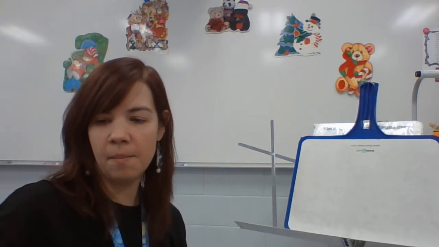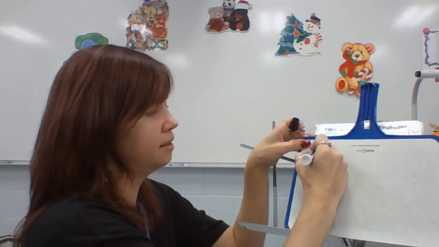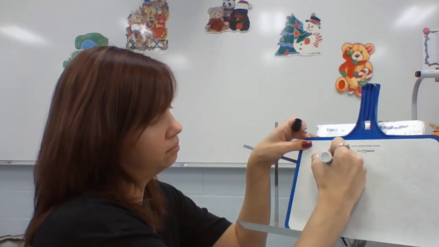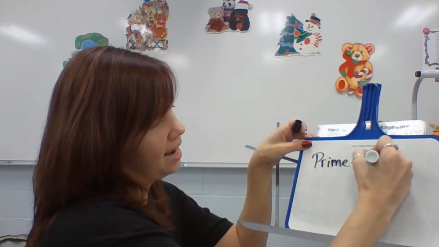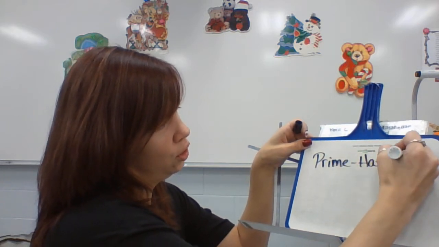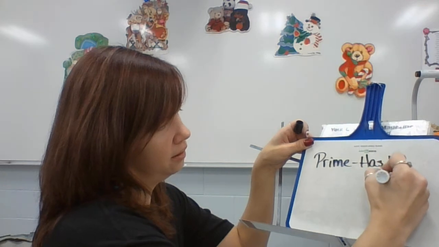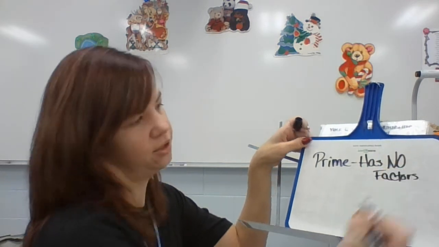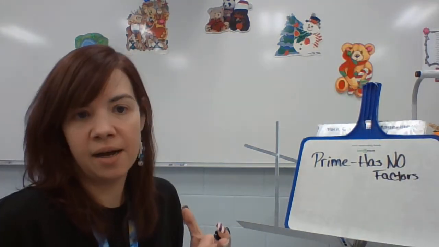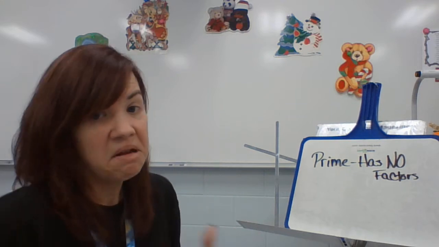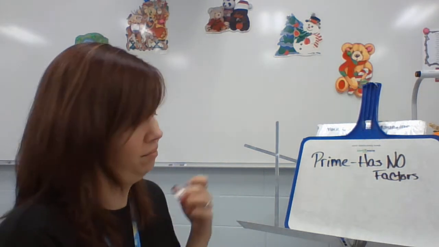Number 4 is a little different than what we've been doing because it has these words prime and composite, and it wants you to shade the primes in green and the composites in red. All that means is a prime number has no factors. You can't divide a prime number into anything other than 1.